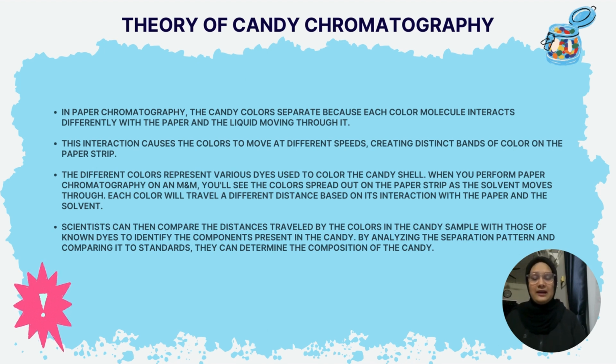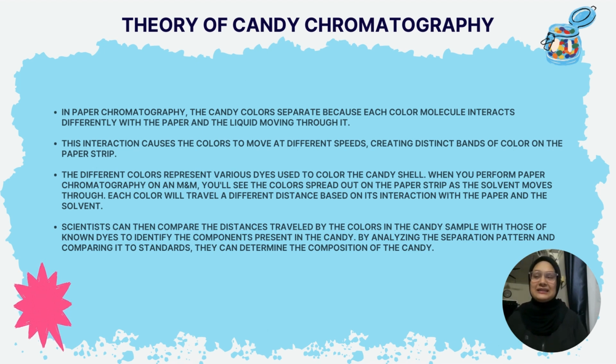The different colors represent various dyes that are used to color the candy shell. When you perform paper chromatography on an M&M, you will see the colors spread out on the paper strip as the solvent moves through. Each color will travel a different distance based on its interaction with the paper and the solvent.